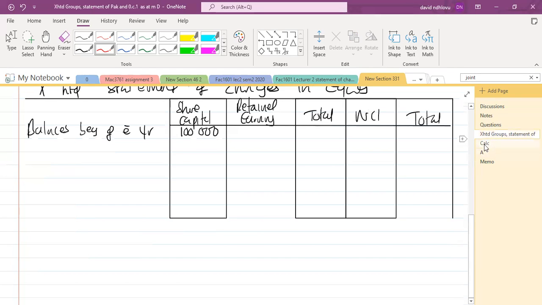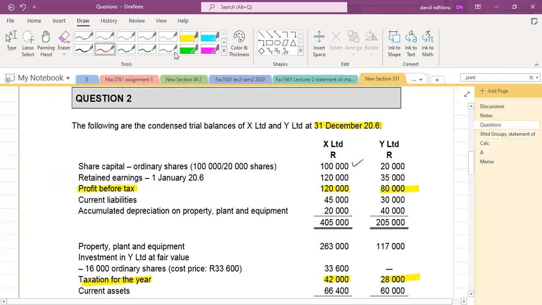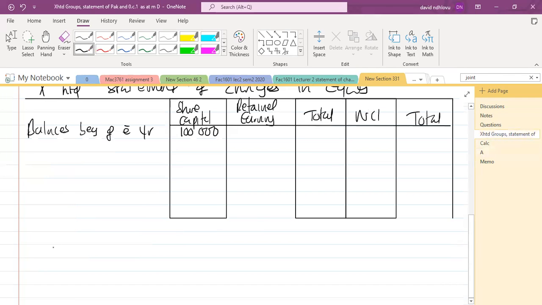What equity does the parent have? So I go and check at the beginning of the year in terms of the parent, there was 120,000. So here I now say that 120,000 plus the additional 10,400 that has been created since acquisition to the beginning of the year. So therefore we get 130,400 today.